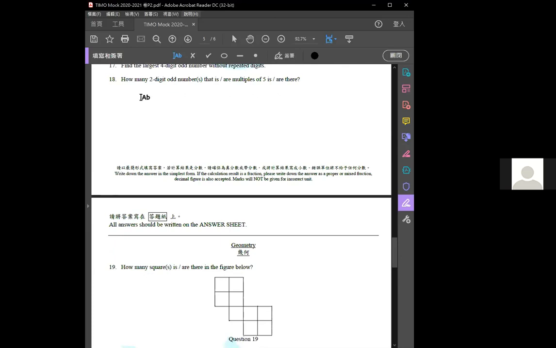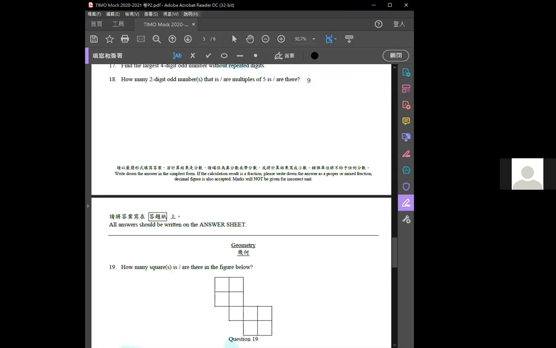And then for 18, how many two-digit odd numbers are multiples of 5? There might be more than one, or less, or just one. So let me give you the answer first. There are 9 of them. In this case, we need to think about the multiples of 5. What is the criteria? The criteria is ending in 5 or 0, and 0 is not eligible.